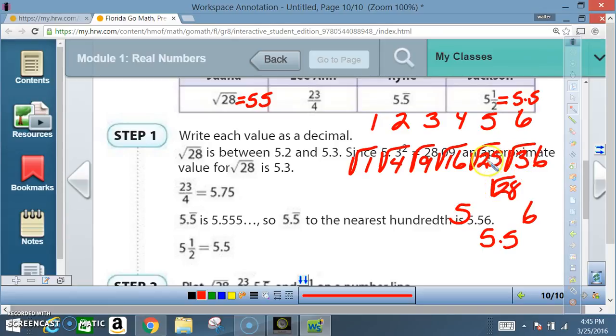In this case, it's closer to 25. So that means that this number should be smaller. So this number should be something like 5.4, 5.3, 5.2, somewhere in there. But the main thing is I know that it's going to be smaller than 5.5. So for this purpose, and because the book used 5.3, we're going to use 5.3. But notice now, 5.4 would have worked out based on this example.